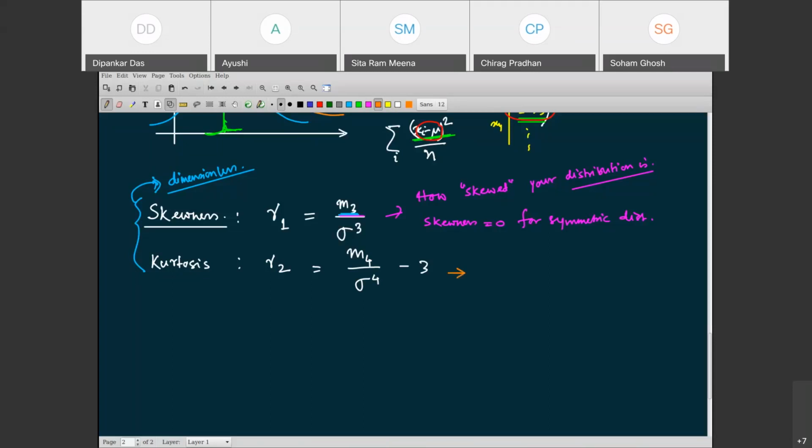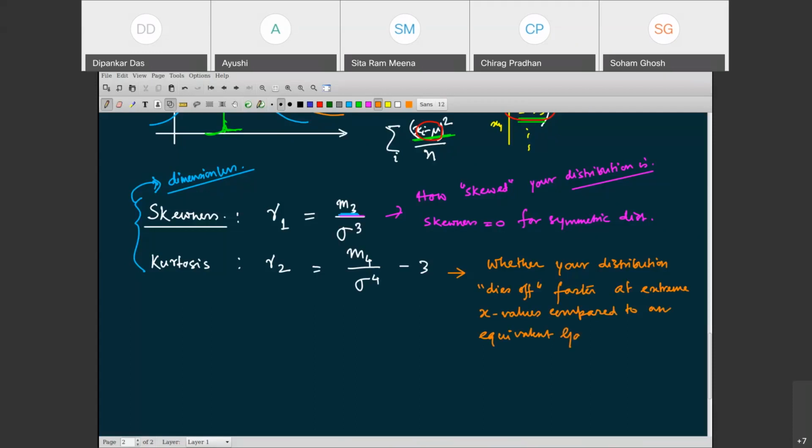It tells you whether your distribution dies off faster at extreme x values compared to an equivalent Gaussian distribution.